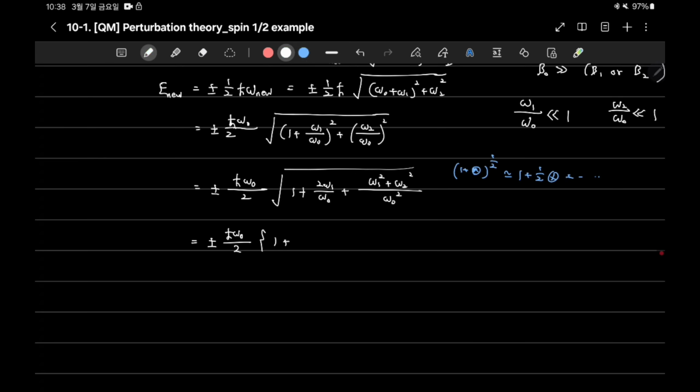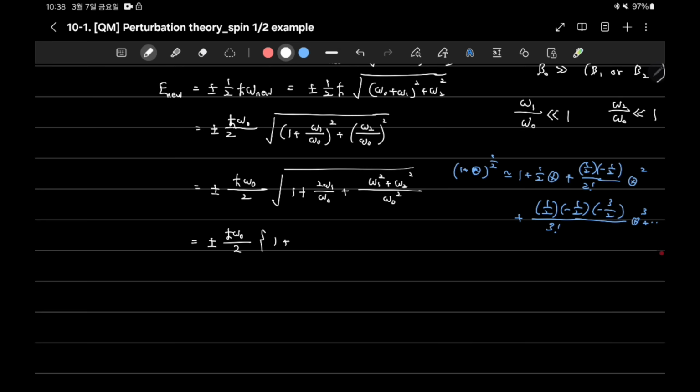By the Taylor series, the first term is 1 plus 1/2 times the small value, the second term is 1 over 2 factorial times 1/2 times minus 1/2 times the small value squared, plus 1 over 3 factorial times 1/2 times minus 1/2 times minus 3/2 times the small value cubed.